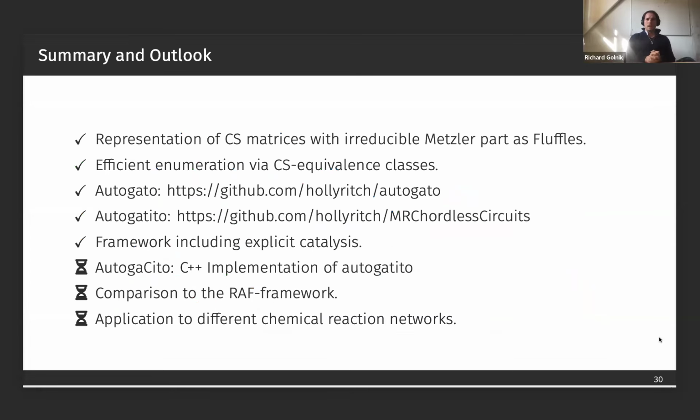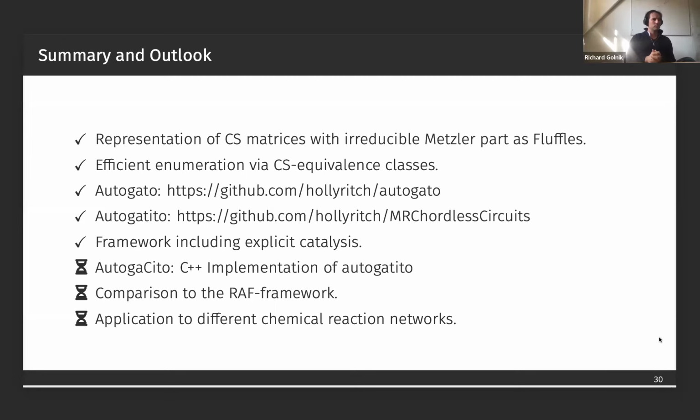Okay, and with this, and also with respect to the time, I want to sum up. So we found a representation of child selection matrices with irreducible Metzler part as fluffles, as I've shown you. And we can also enumerate them in a somewhat efficient way via this notion of child selection equivalence class.